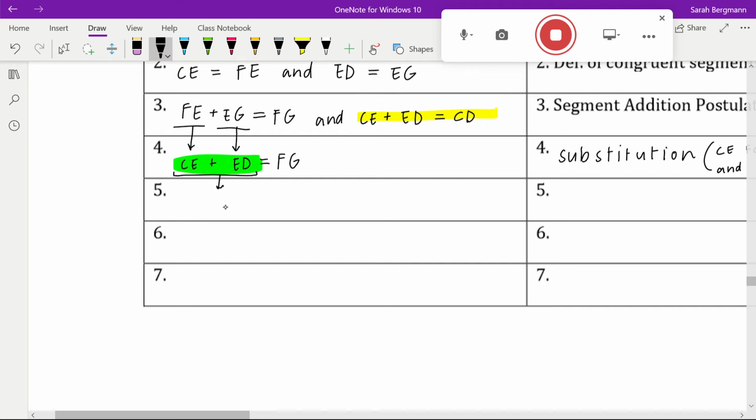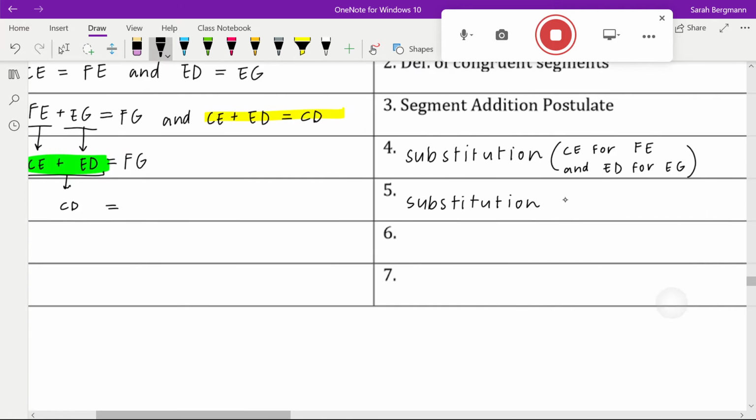It's called substitution. Remember, substitution says if you know something is equal, you can replace it in any equation. So I basically substituted in CD for CE plus ED.